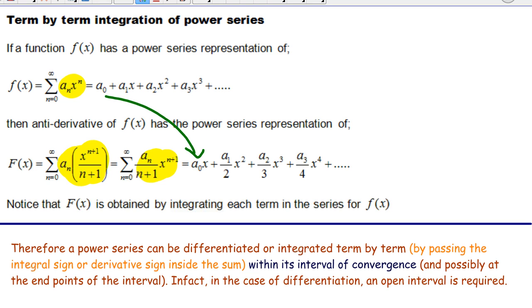This is what is meant by term by term integration of a power series. So instead of integrating term by term, you can just pass over the integral sign into the summation sign and integrate the nth term of the power series.